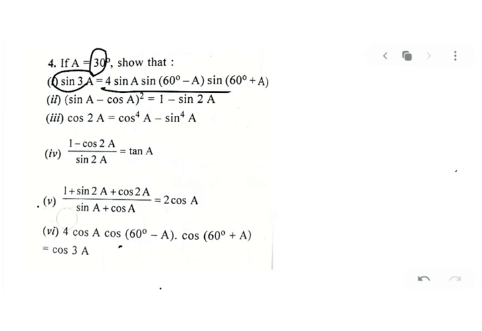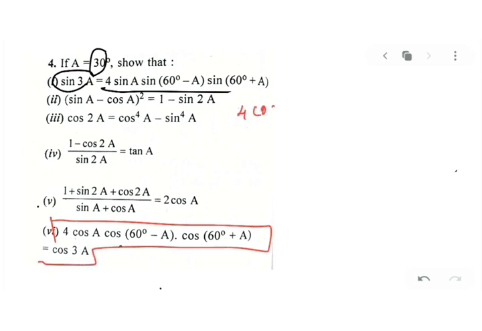next I'll take your sixth problem, that is this. On your left hand side you have 4 cos A, meaning cos 30, multiplied by cos 60 minus A, that is 60 minus 30, into cos 60 plus A, that is 60 plus 30.